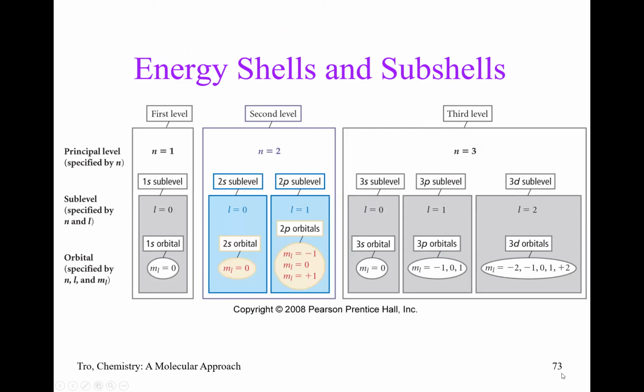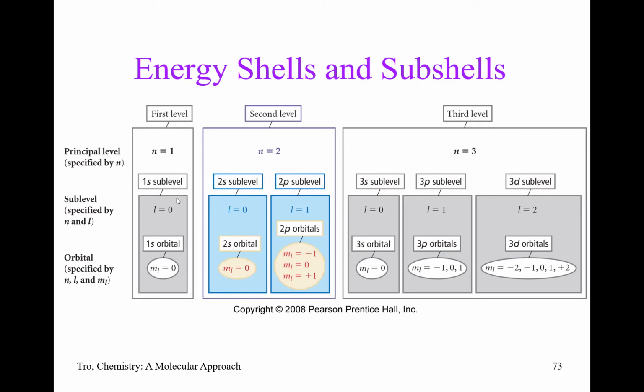All right, slide 73 summarizes everything we just looked at here. So principal level, and that's basically the row in the periodic table. And it'll make sense when we see a couple periodic tables coming up, how they label these. And one of the key things here is that when you move from 1 to 2, you don't lose the S here, right?